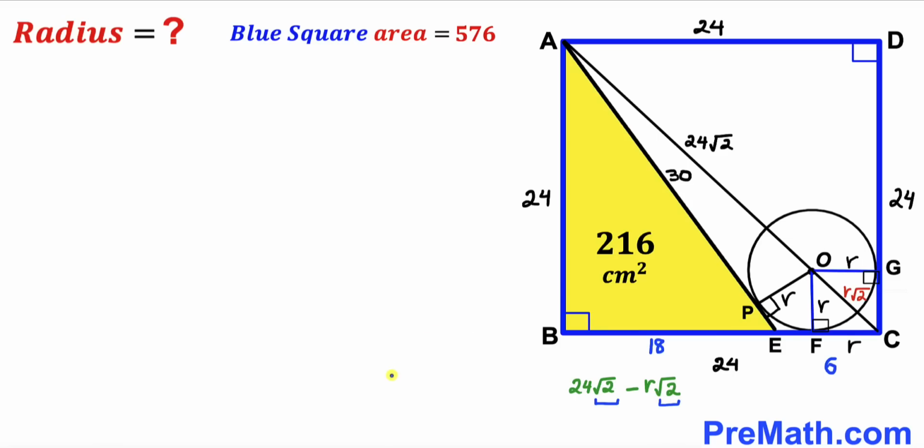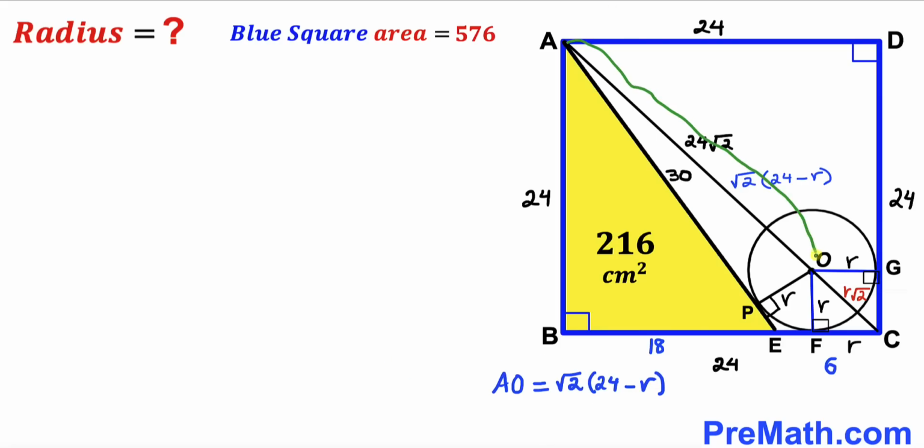So therefore, this segment AO length is going to be square root of 2 times (24 minus r).